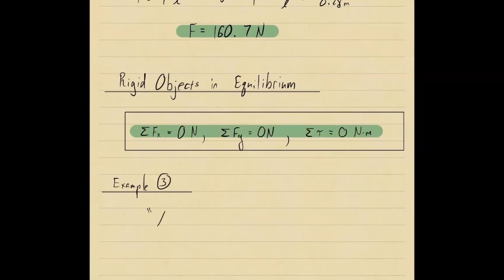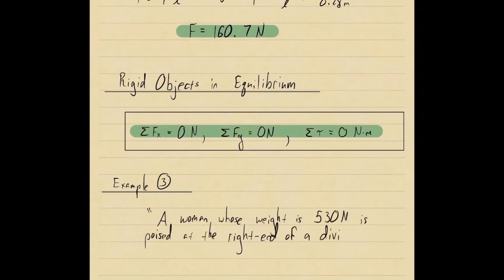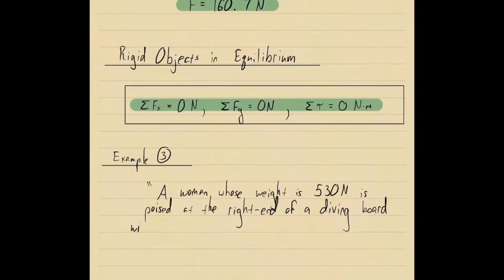So a woman whose weight is 530 newtons is poised at the right end of a diving board with a length of 3.9 meters.